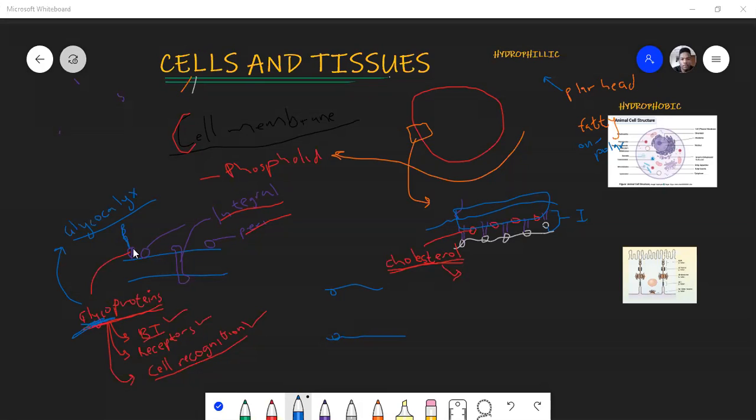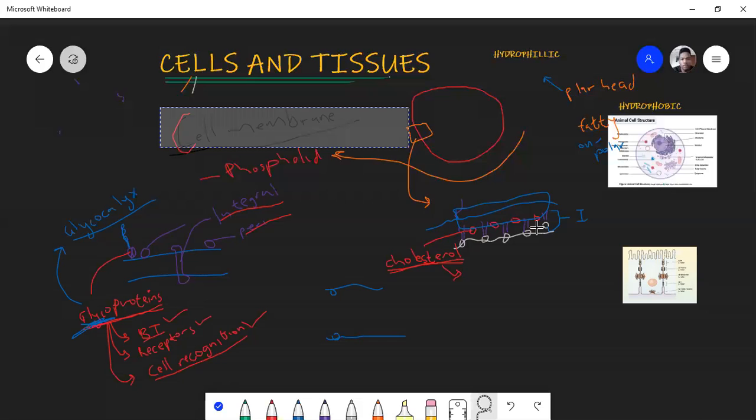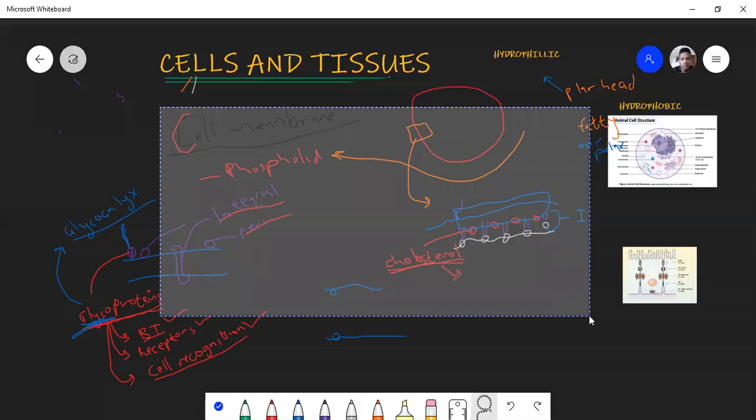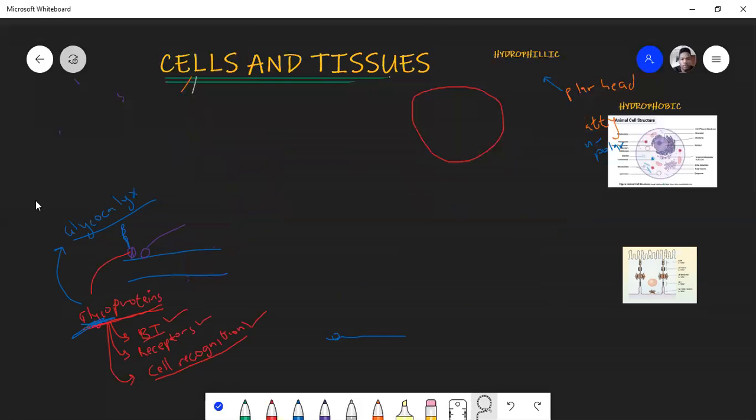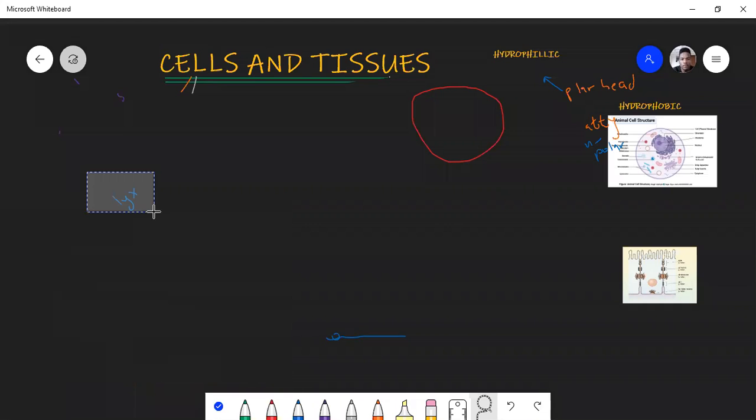And then let me quickly wipe everything so we don't have a busy screen. I want us to talk about junctions right now, because we just spoke about the cell membrane and we find our junctions in the cell membrane.